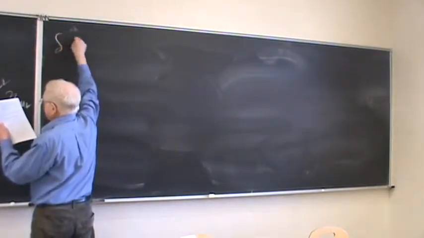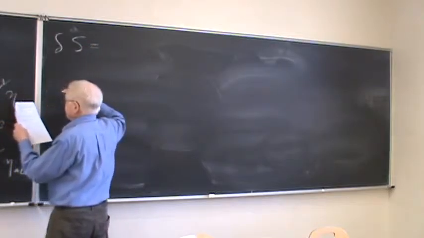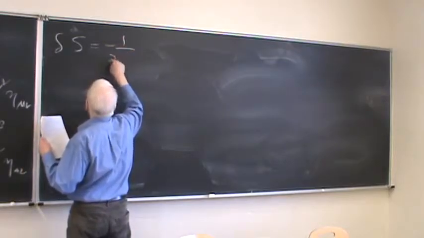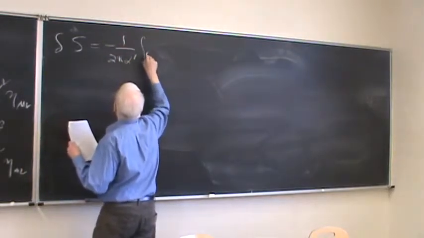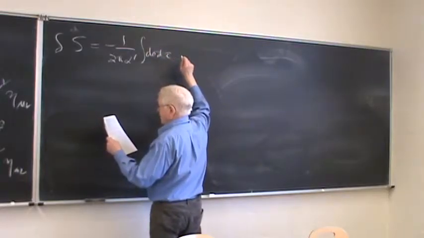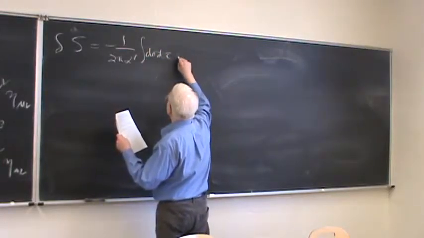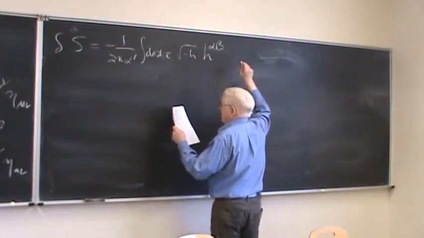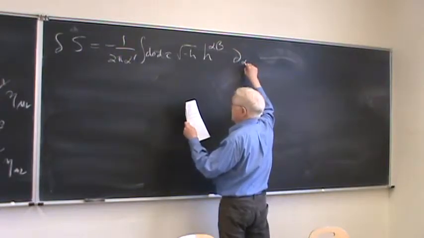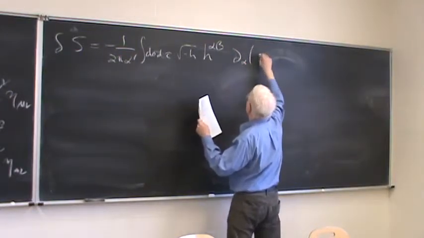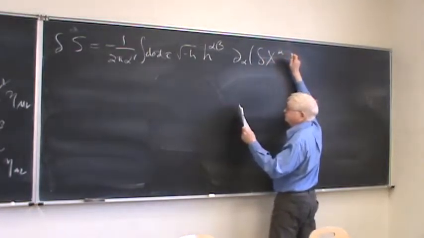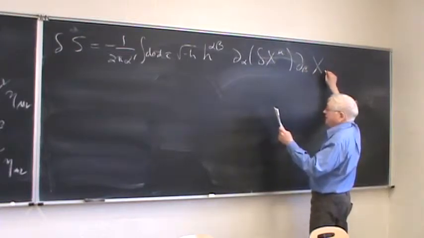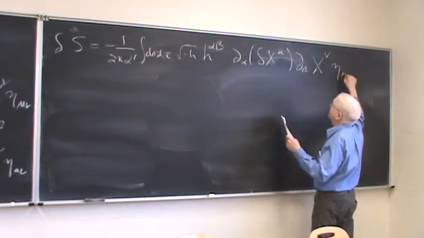The variation of the action is essentially minus 1 over 2 pi alpha prime integral d sigma d tau, and square root of minus h alpha beta, and then it's d alpha of the change in x mu, d beta x mu eta mu nu.